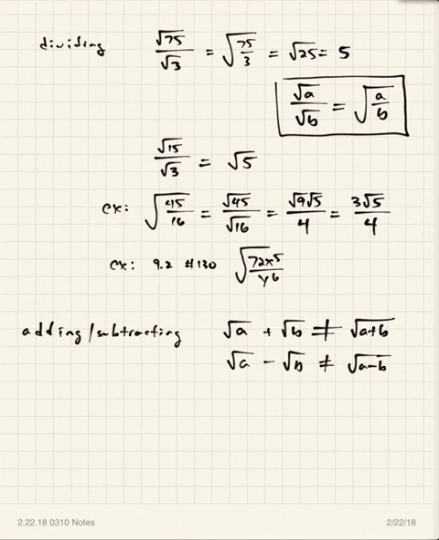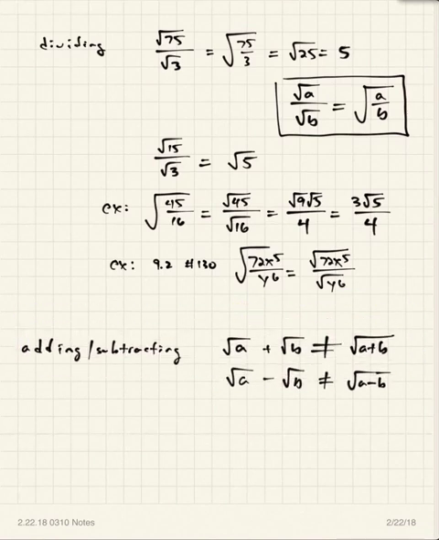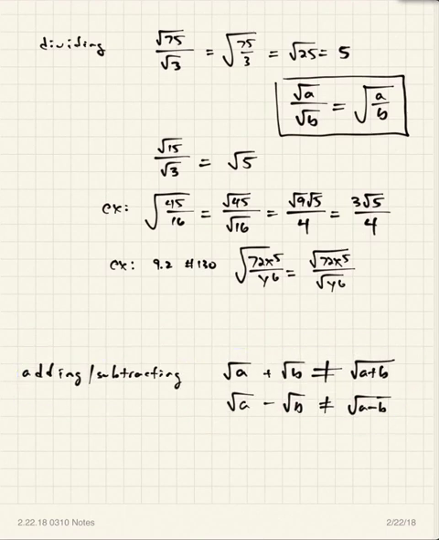Maybe a little bit more complicated, but same deal, that I could separate this out and write this as the square root of 72x to the 5th over the square root of y to the 6th. There's nothing you could do with the fraction. The fraction doesn't simplify at all. And so, your only other recourse there is to separate it out and see if you can do something with the individual radicals.